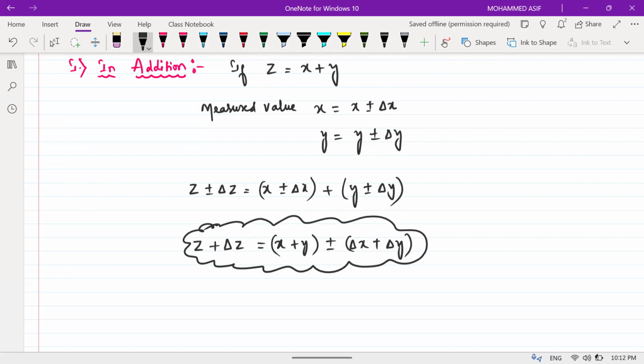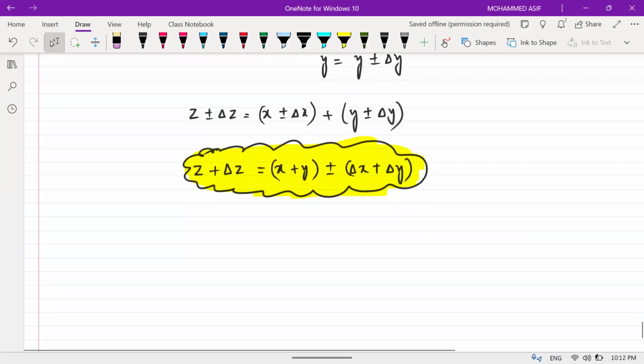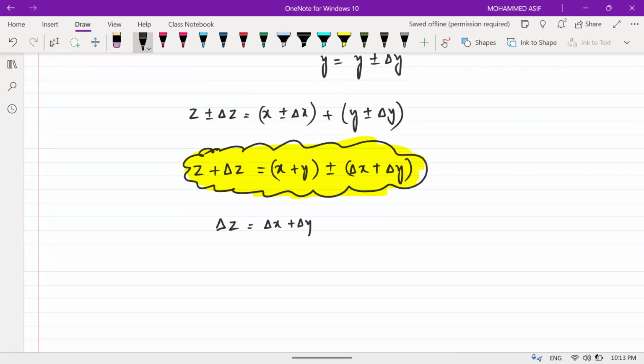This will be the solution: z plus delta z is equal to x plus y plus or minus delta x plus delta y. Am I clear? That means delta z is equal to delta x plus delta y.